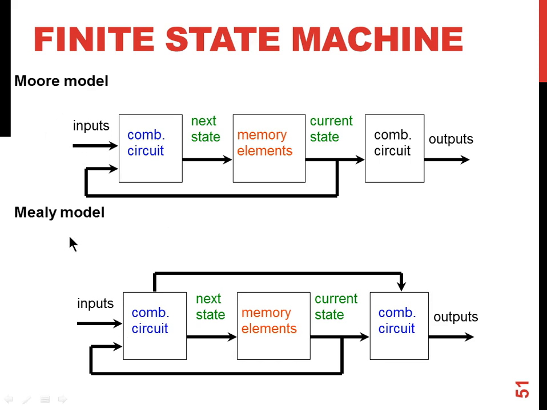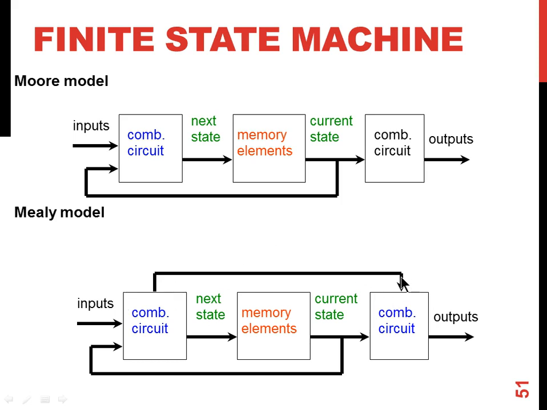Here is the diagram for the Moore machine. This is the diagram for the Mealy machine. If you see the Moore model, output is dependent on my current state. Based on the circuitry in the current state, some output will be generated. In case of Mealy model, the output is dependent on the current state and the combination of inputs also.